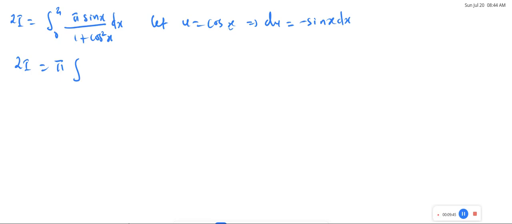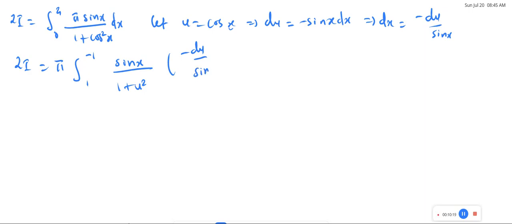When x is pi, we have cos pi which is -1, and when x is 0, cos 0 is 1. So then sine x over 1 plus u squared. Now dx gives us minus du over sine x. Take note of that. So dx is now minus du over sine x.